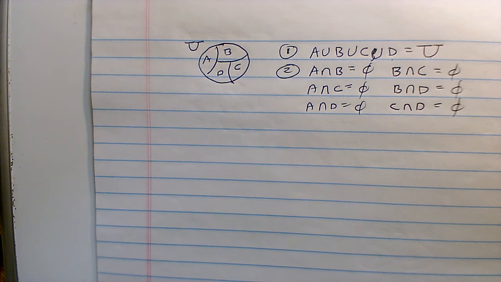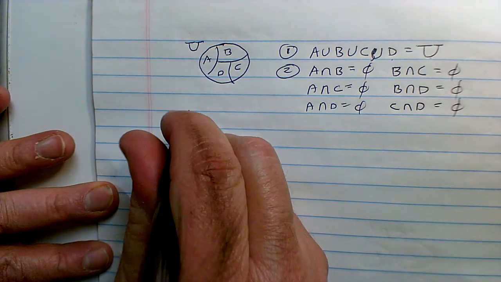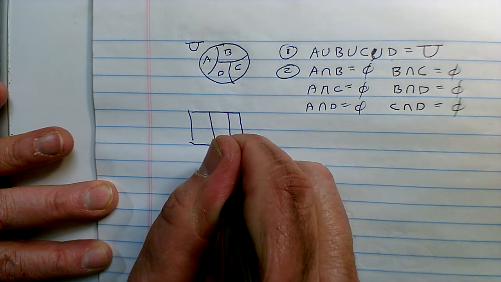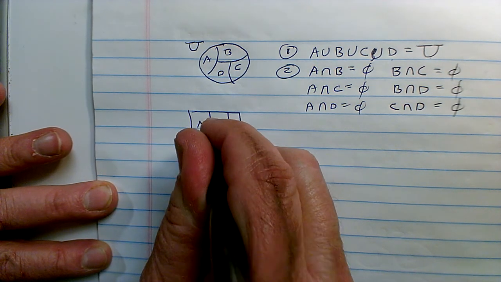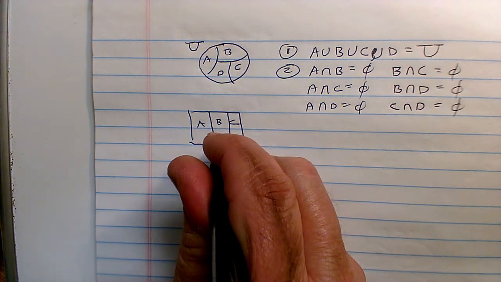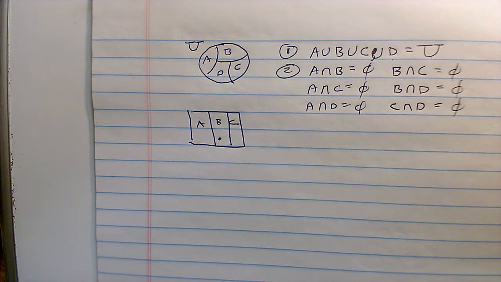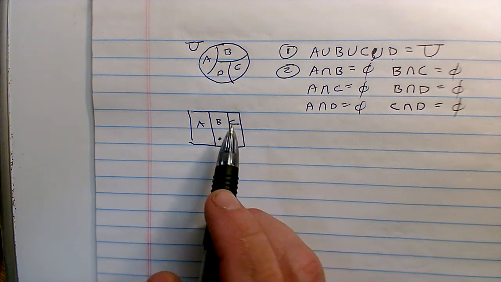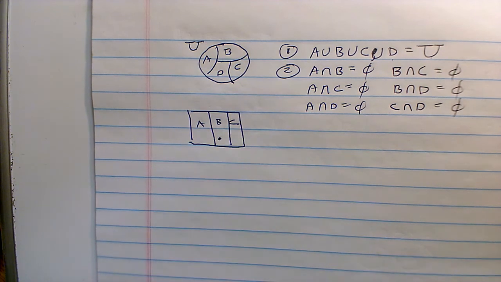You see the partition in everyday usage when you talk about taking a room, like a great big ballroom, and making dividers in the room. So you divide it into room A, B, and C. Well, any particular person or object that's in one of the rooms can't be in any of the other two rooms. And if you combine all the rooms together, you get the entire ballroom.